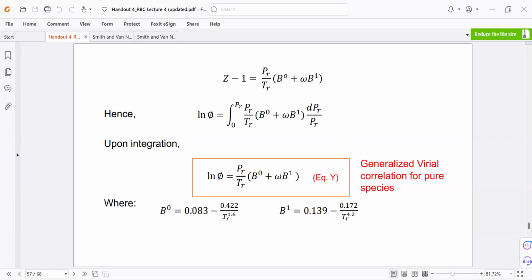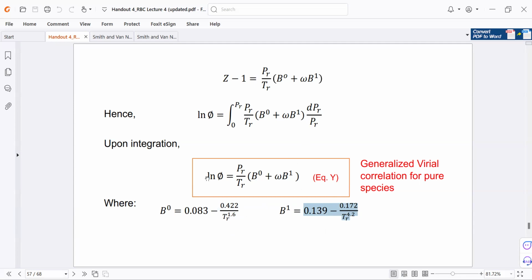Where B0 is equal to this equation, and so it's not a constant, rather it's a parameter wherein you calculate it using Tr. So B0 and B1 can be calculated.